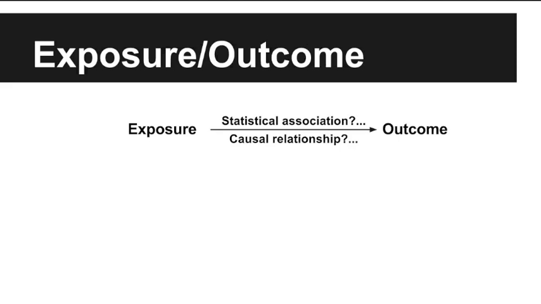We compare people who were exposed with people who were unexposed. We compare people who have cancer with people who don't have cancer, and we try to figure out how they're different. And while a statistical association between an exposure and an outcome doesn't necessarily mean that the relationship is causal, if a study's done well, a causal relationship will be reflected in a statistical association.